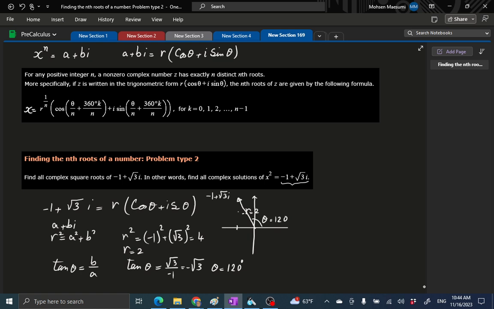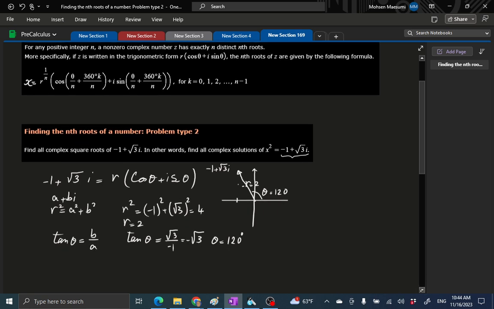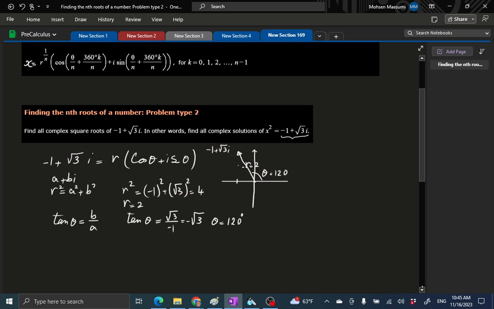Okay, now we attempt to find the square root of this thing, or solve x squared equal to this. There are two solutions. Step 1, we find r to the power of 1 over n. So of course here, let's write out from the outset, our n is equal to 2.